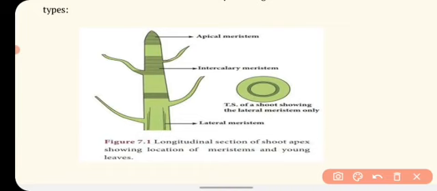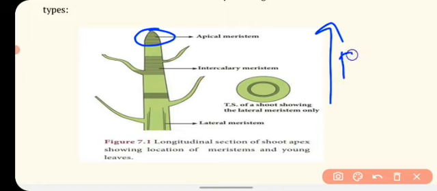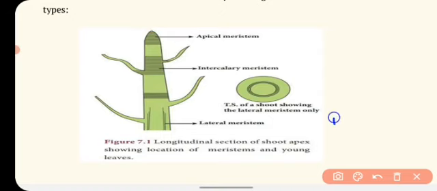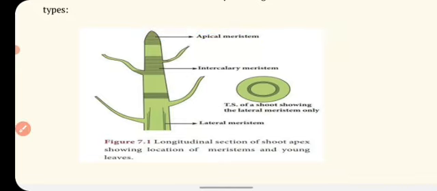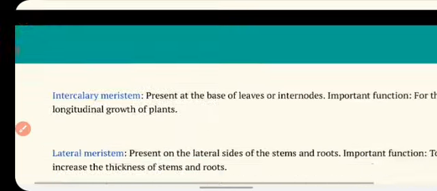Because they are found on the tip of the plant's root and shoot, they increase the length, and that's how they are responsible for the primary growth of the plants, because primary growth means the increase in the length.